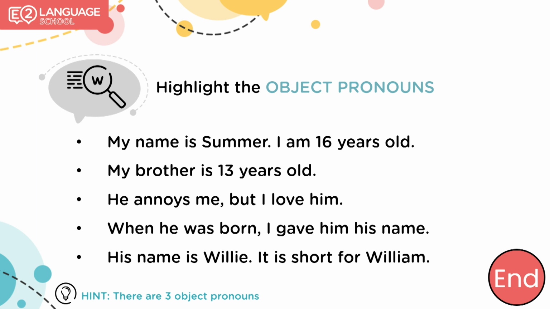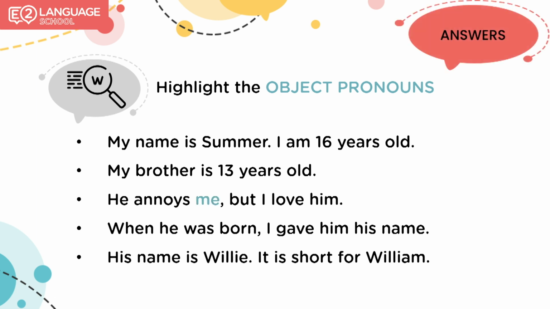Okay, how did you go with that one? Let's take a look together. So, the 3 object pronouns are me, him, and him again.